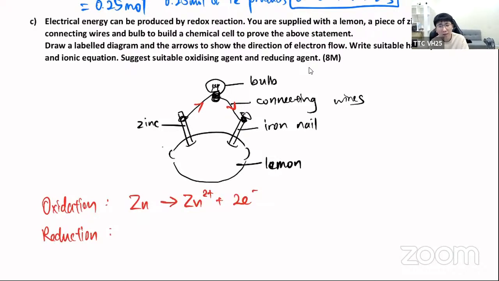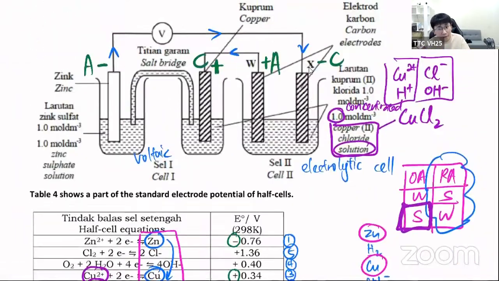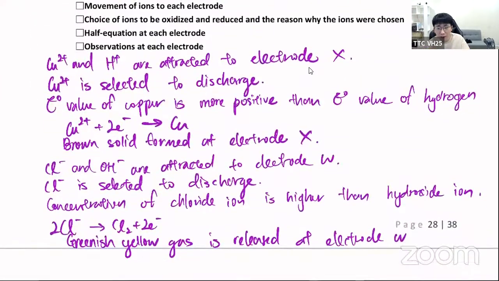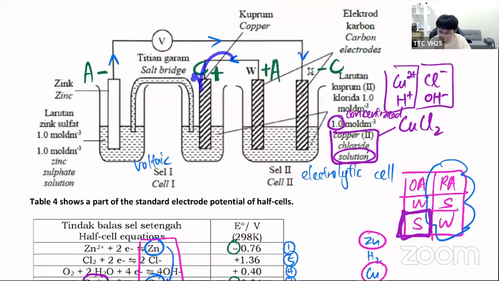Okay, but then when the electron is donated, the iron nail will receive the electron. The thing is, when iron nail receives electron, the equation is not on the iron nail. Just like last time when we did our redox reaction on this cell here, you see our equation is on the solution that gains electron. Even though we say the copper will gain electron, the equation is not on copper.